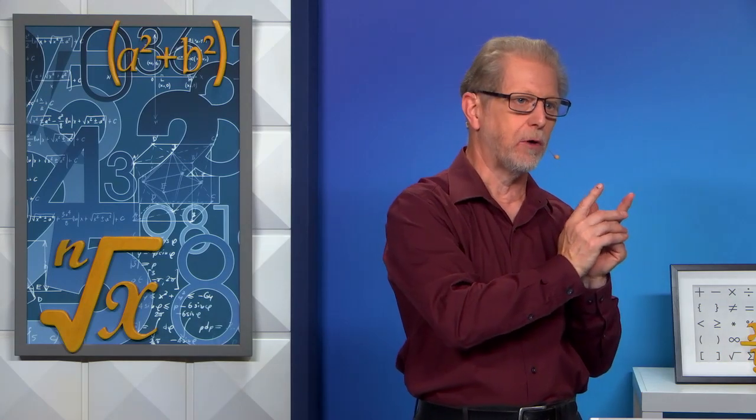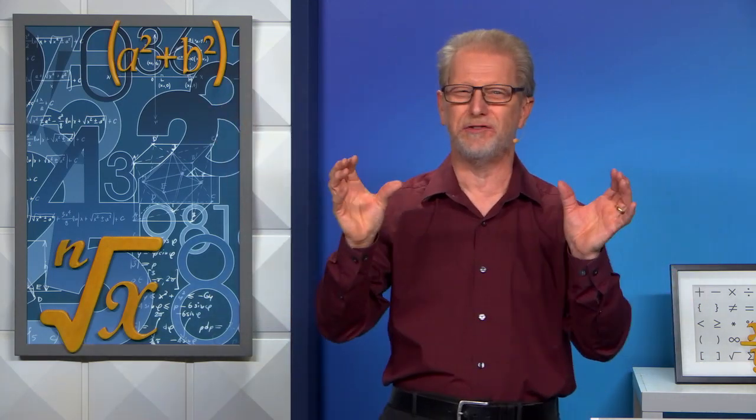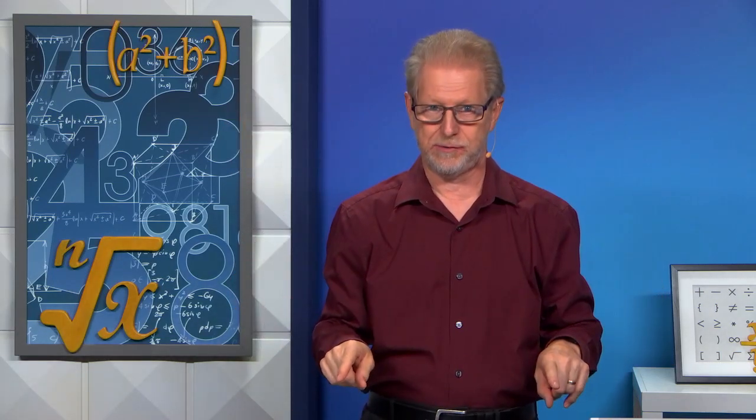Well, what if there's multiplication? Then you undo it with division. Now, notice that little requirement there. Can you divide by 0? No. Well, there wouldn't be multiplication by 0. Because if you have a times 0 equals b times 0, you have 0 equals 0, you don't have any equation. But the point is never divide by 0.